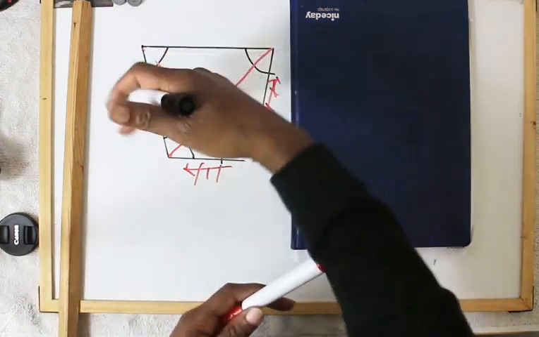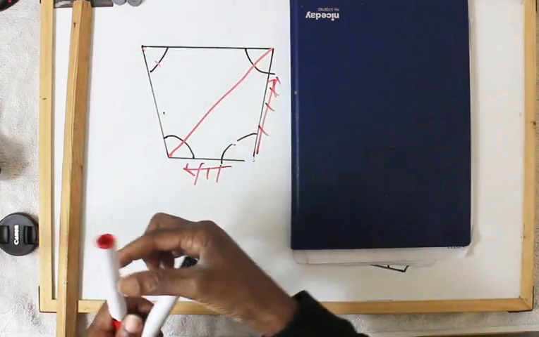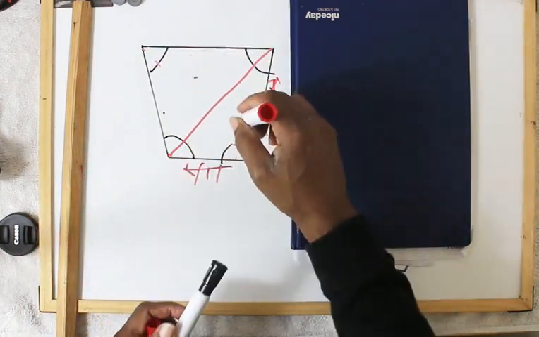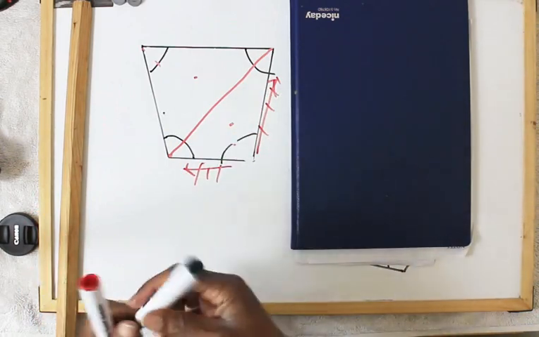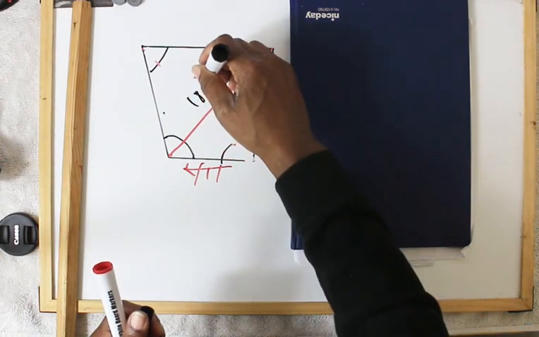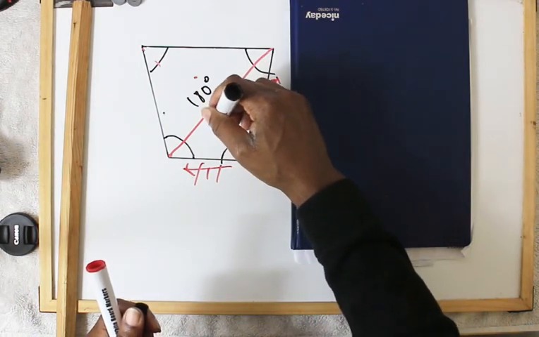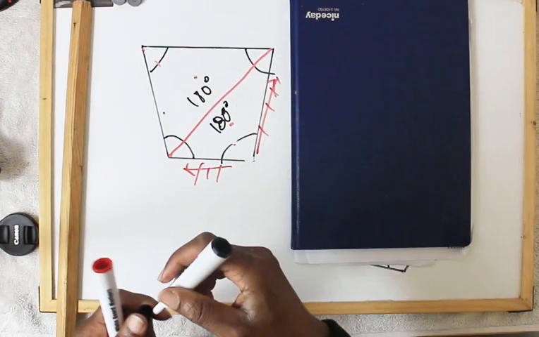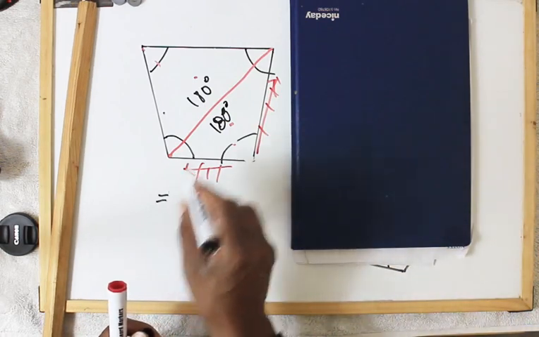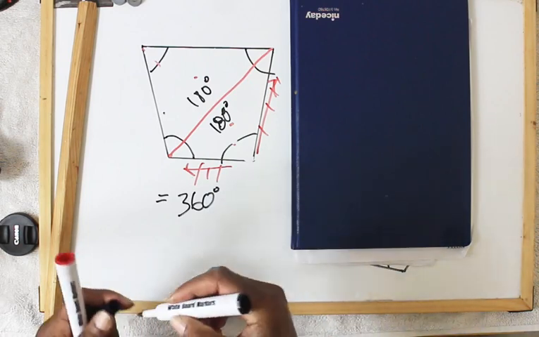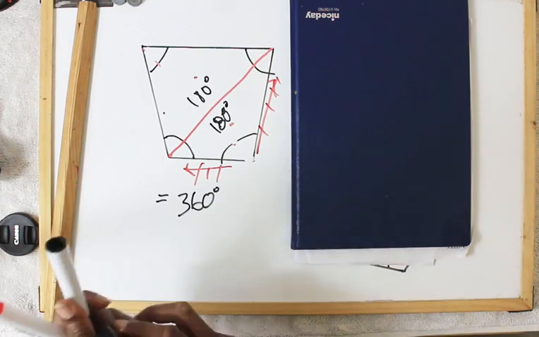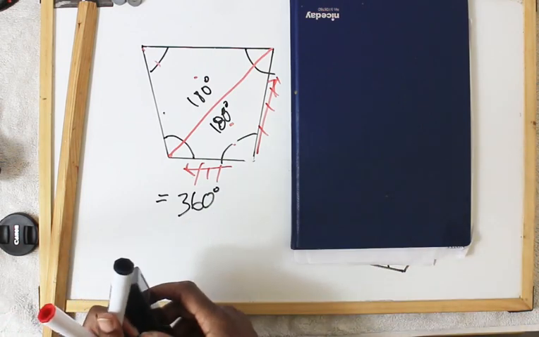Although it's a different place, it produces 2 different triangles, one here and one here. Same thing applies. You have 180 degrees and 180 degrees because you have 2 triangles, so you know the sum of all the angles in this has to be 360 degrees, and we learned that in the last video.